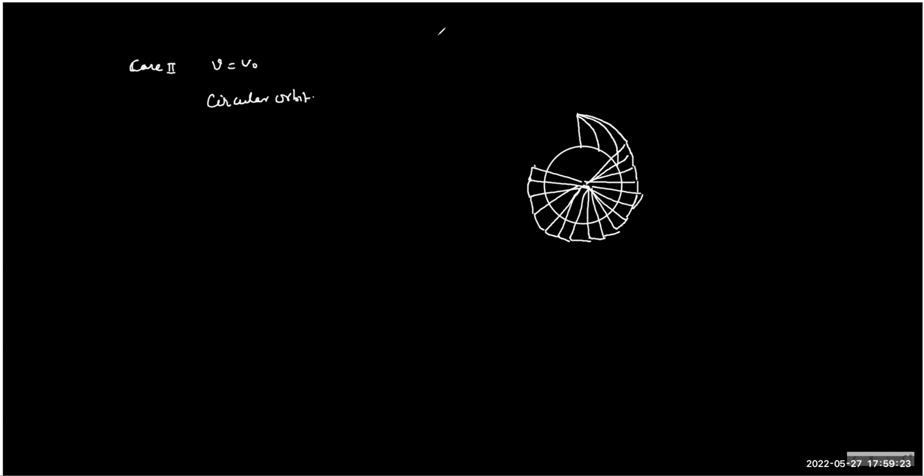Okay, so you can think this way, like the way Newton thought about the moon. Let's say we have the moon somewhere here. After some time, the moon has fallen down. It is here.